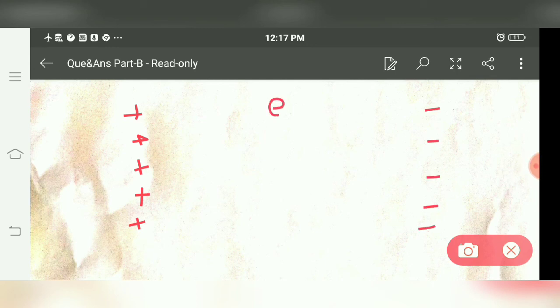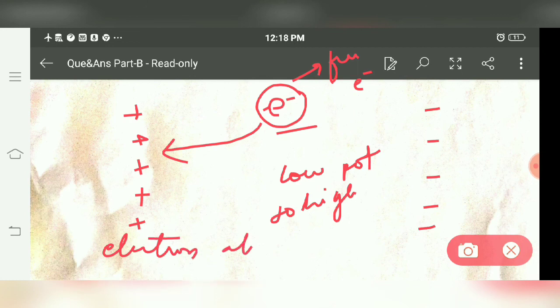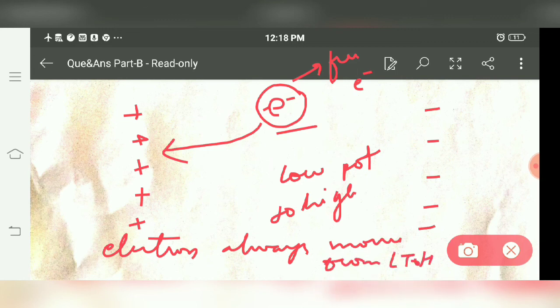If I just draw here a free charge, a free electron, then it always moves toward positive, so it moves from low potential to high potential. Electrons always move from low to high potential.